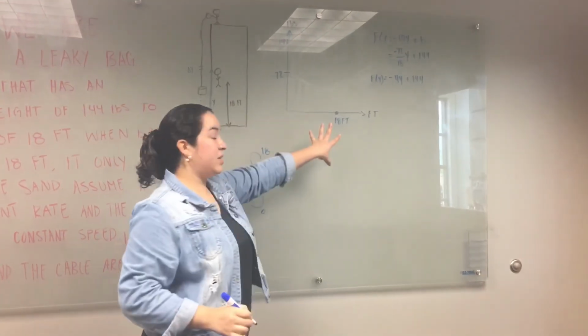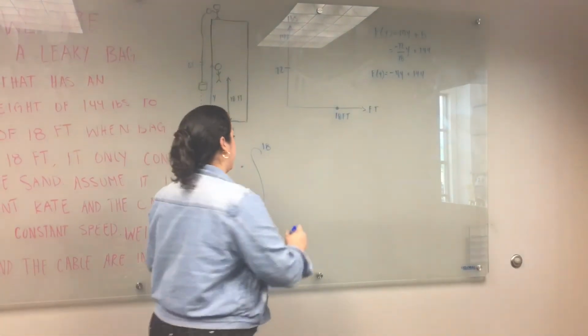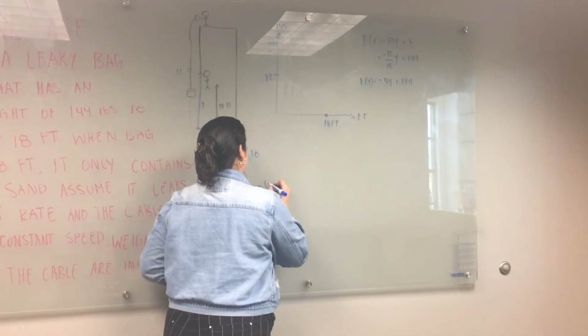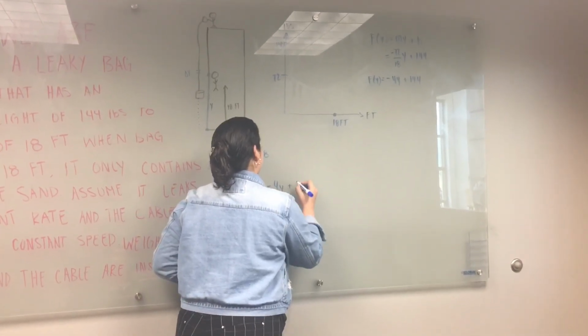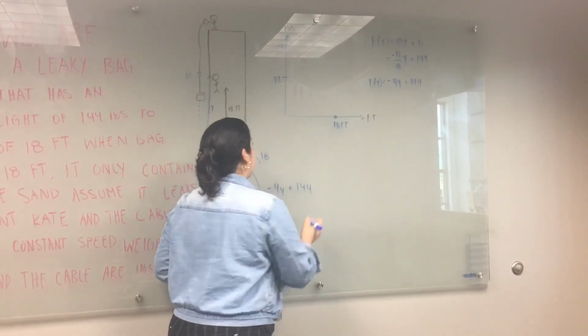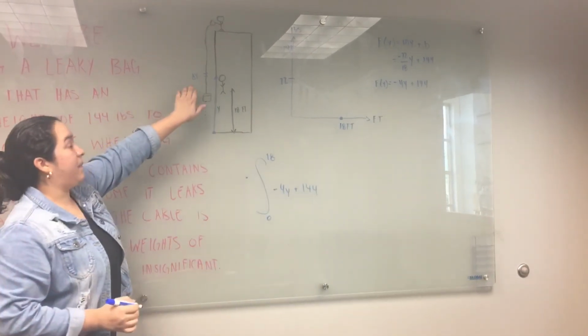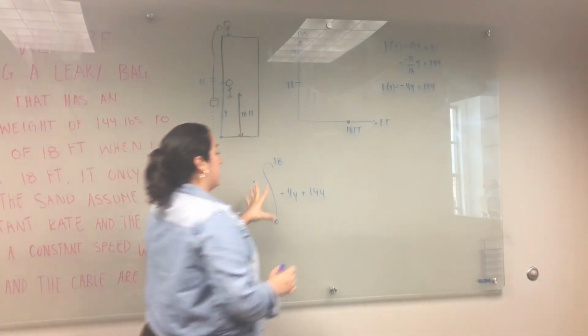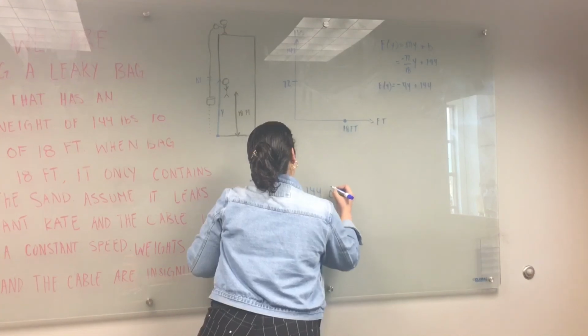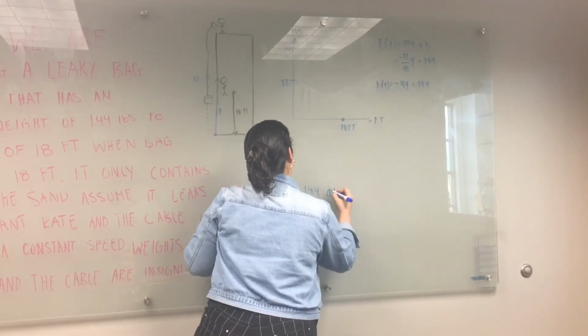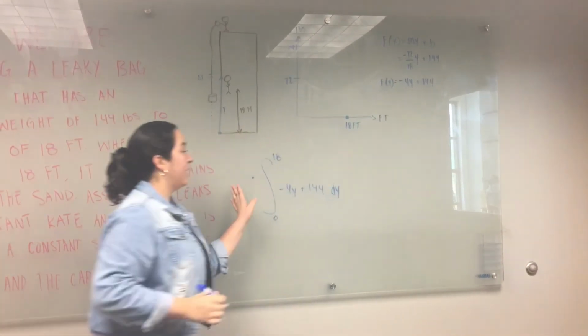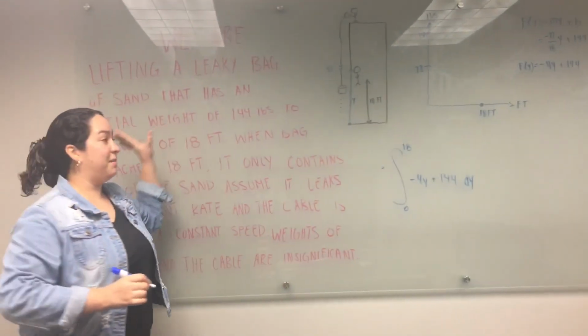And then our function of y is what we're going to be plugging into our integral. So we have negative 4y plus 144. And then we also have to multiply by our delta y, but once it comes into the integral, we have our dy instead of delta y. So there you go, guys. That's how you set up this question.